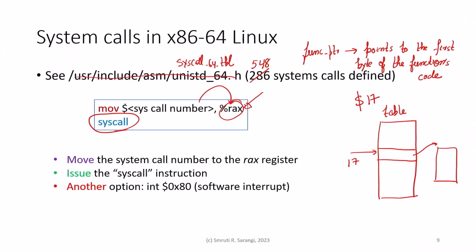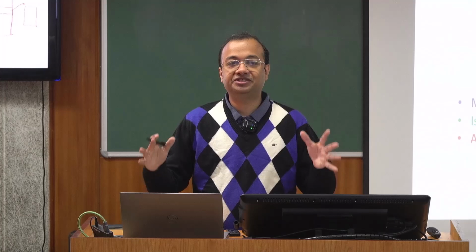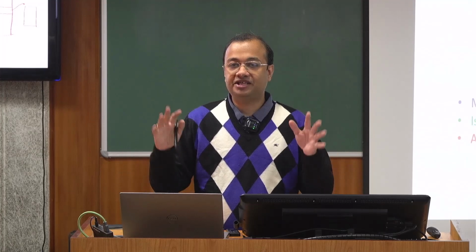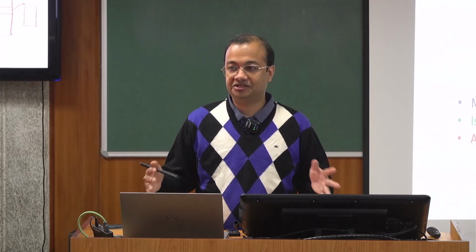So the syscall instruction is essentially the interrupt generating instruction. Are the system calls defined in the table individual functions? They are. You look at the table. If you see that directory, you'll find the table as well as a bunch of header files as well.